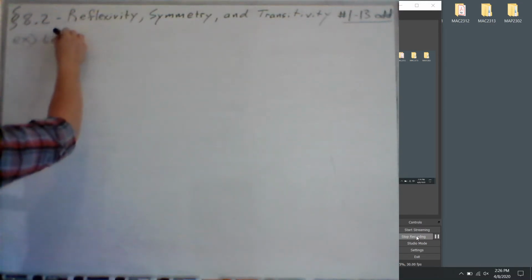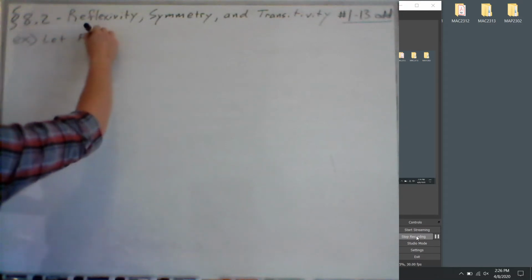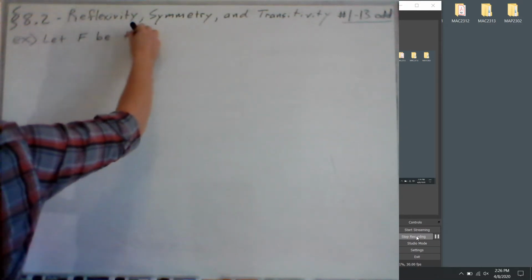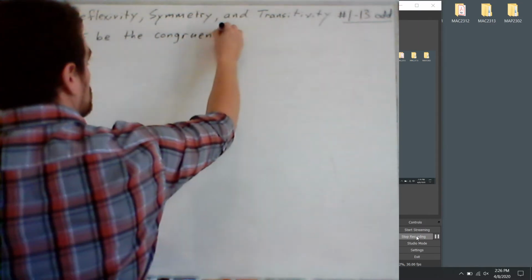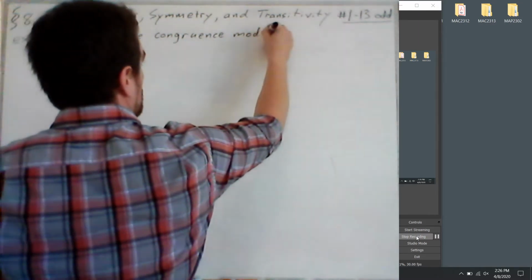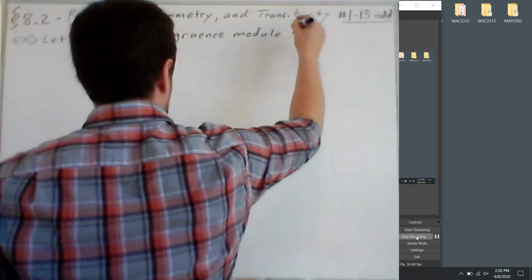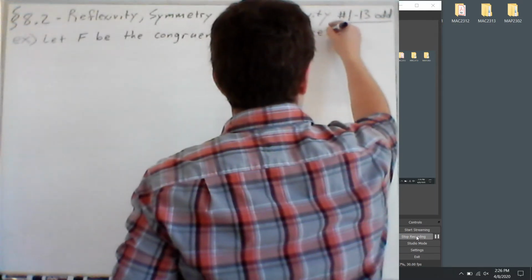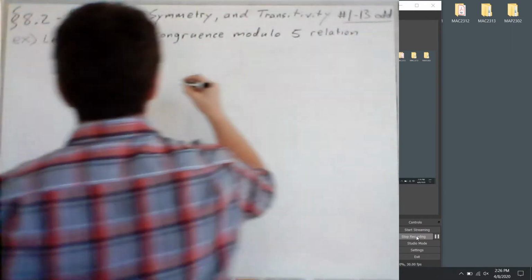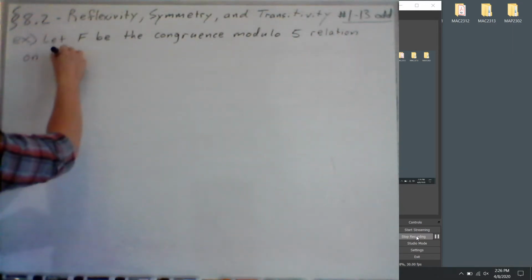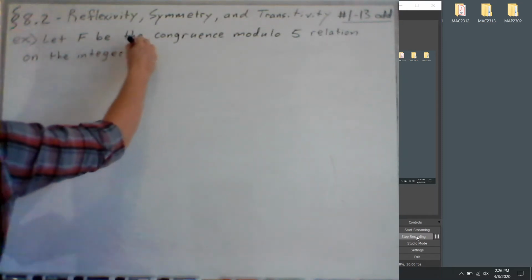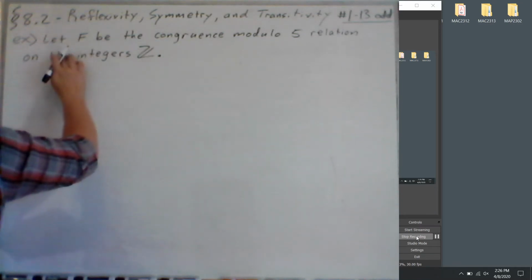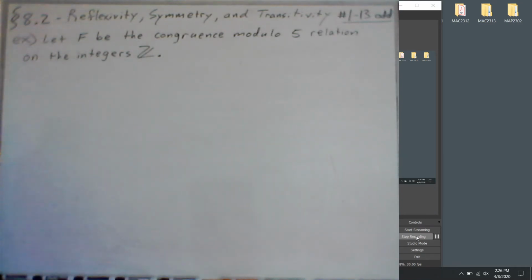So we'll say let F be the congruence mod, or modulo 5, relation on the integers ℤ. We'll say ℤ to shorten things up. So we're talking about integers, positive, negative, whole numbers, and zero.